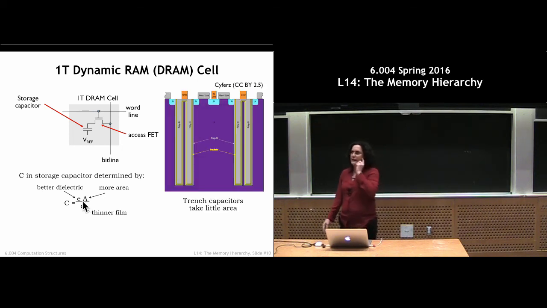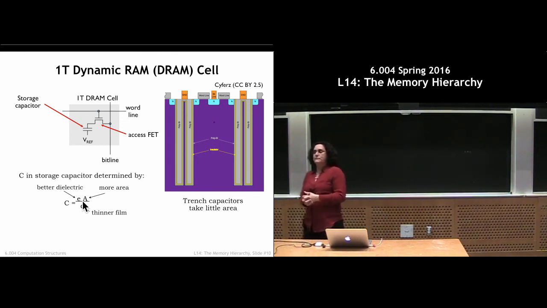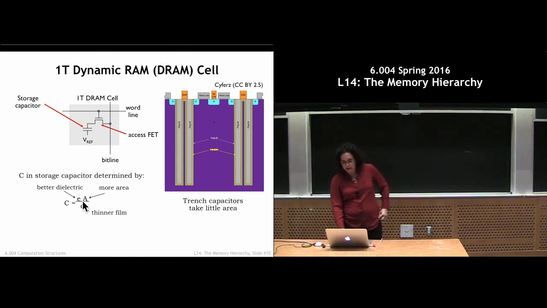So over here on the right, we see kind of what a DRAM cell looks like. It's basically made up of what we call trench capacitors. The way these work is you're digging a trench into the substrate of your integrated circuit. And the deeper you go, the larger area you have, which means the higher capacitance you have.